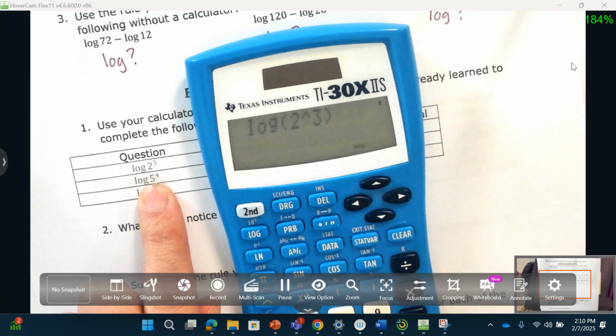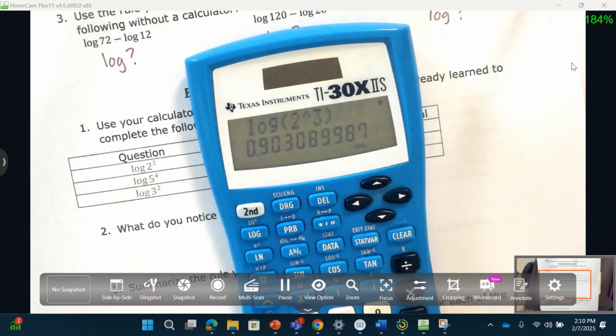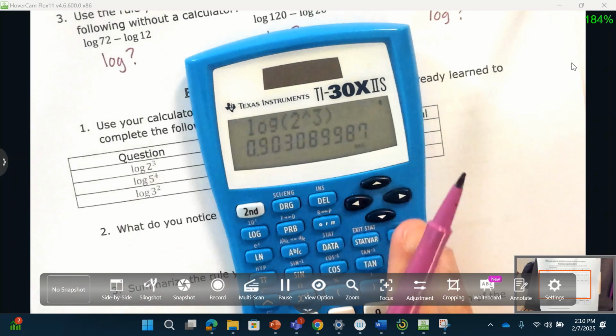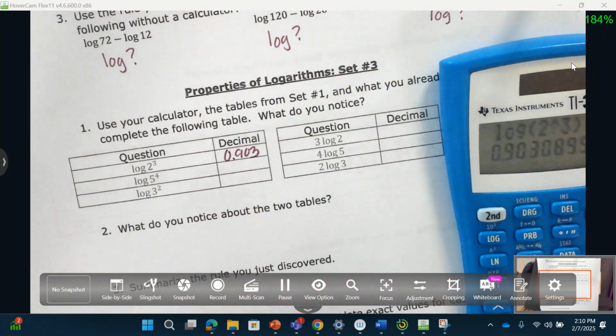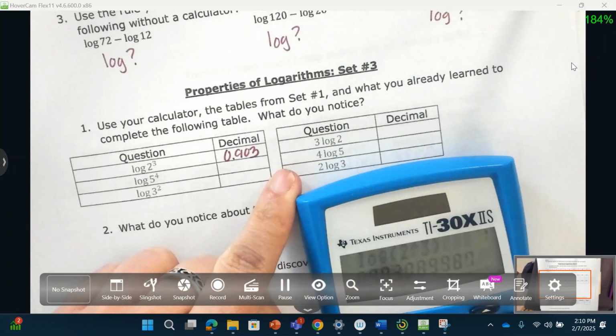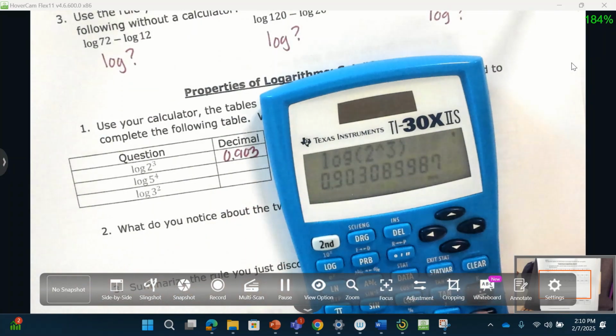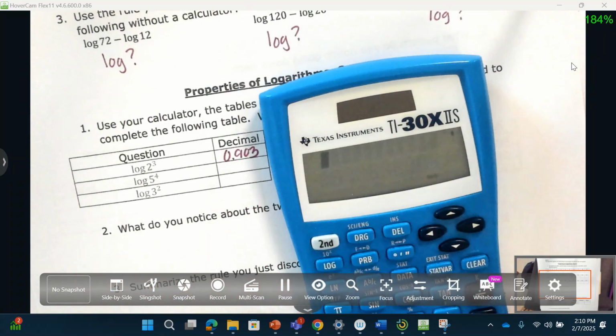So it should look like that, log 2 to the third power, and I get 0.903. And then over here, you would enter in 3 and then log 2 and then close that out. Okay, and then hit enter.